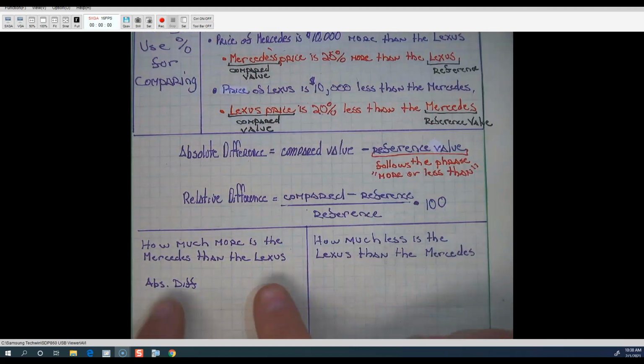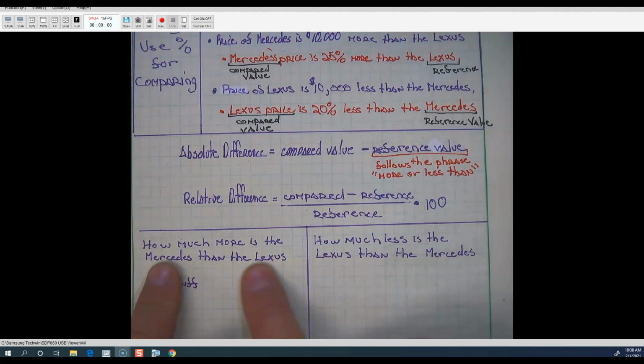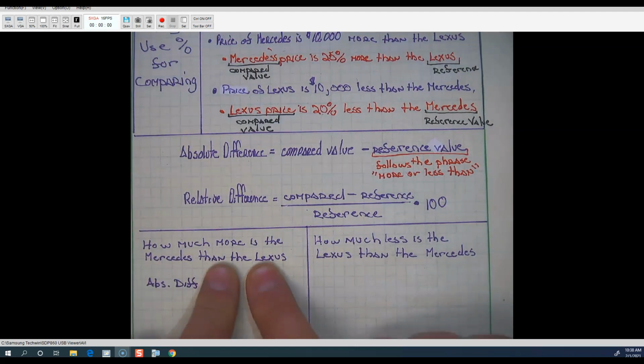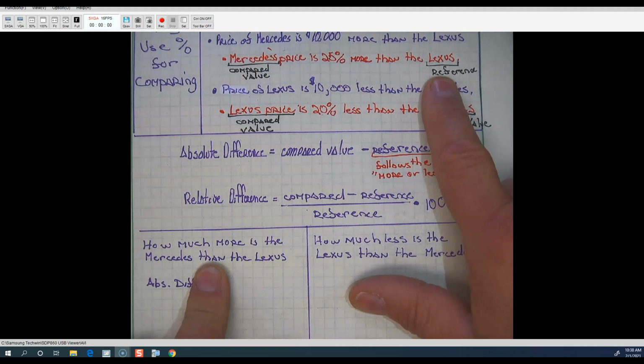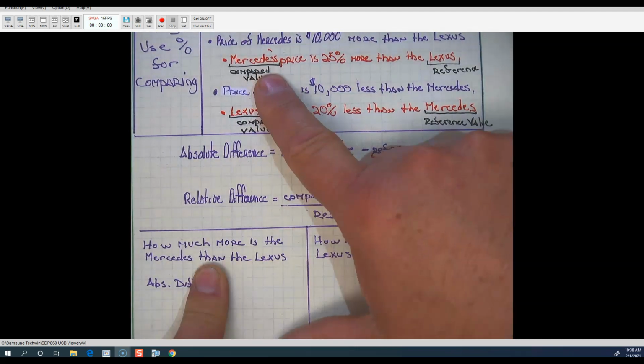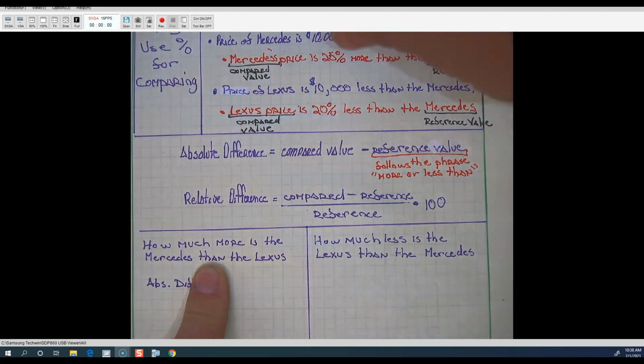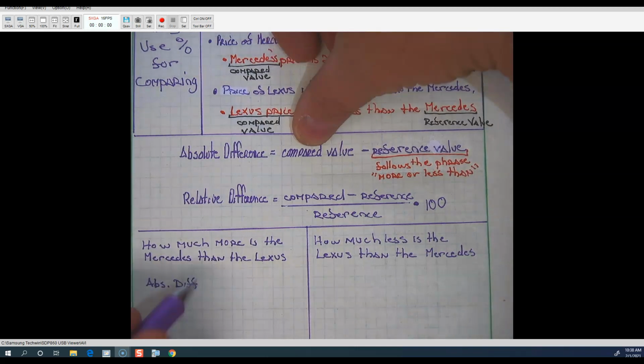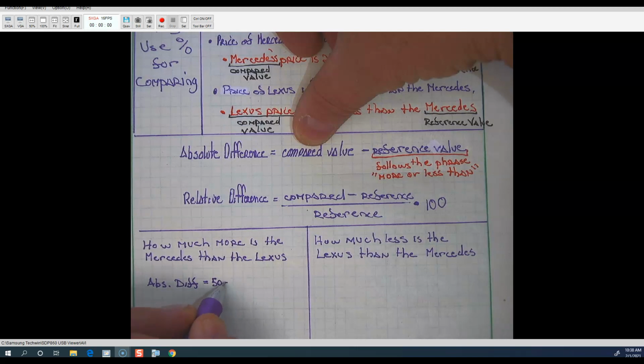So when we're looking at these, whatever follows the word than, the Lexus is the reference and the Mercedes is the compared. Okay. So I'm going to do the compared value, which is 50,000, minus the reference value, which is 40,000, and we obviously get $10,000.